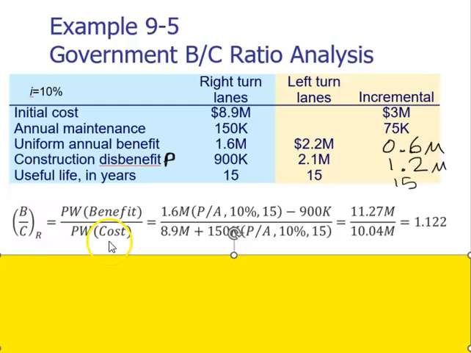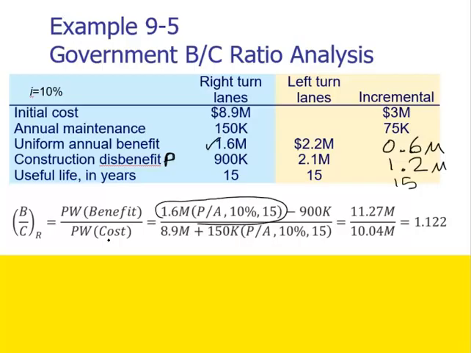For the present worth of benefits, we have this 1.6 million that happens annually for 15 years. So this part that you see, 1.6 million, 15 years, 10%, you get the present value. Also, you have the present value of these benefits during the construction. So here you get the net value of the benefits, 11.27 million.